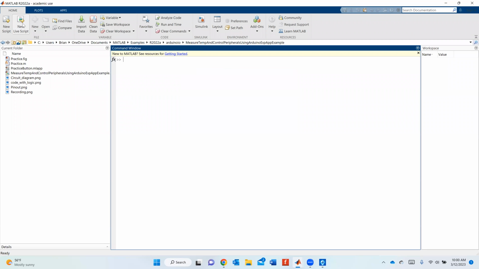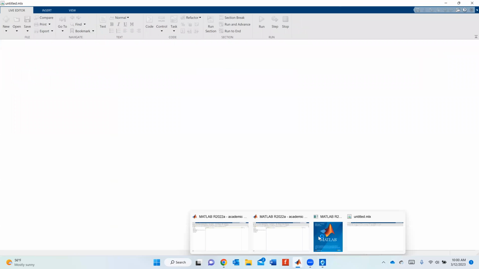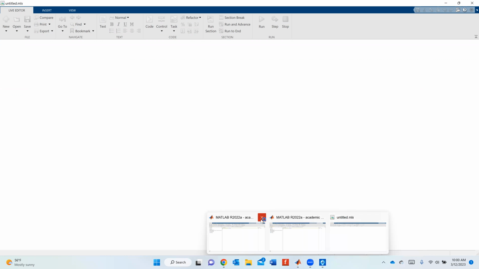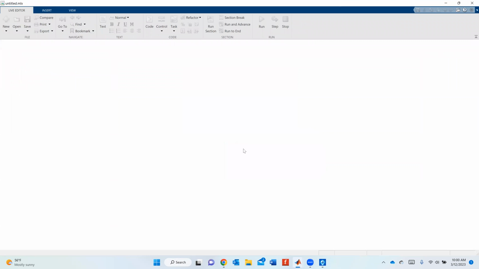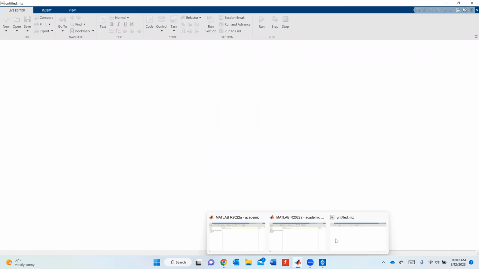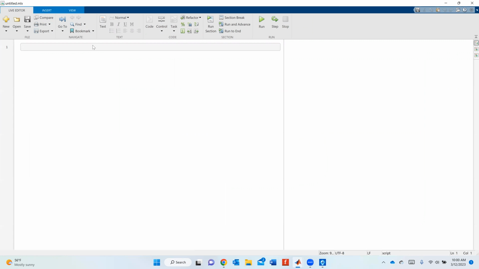So what we're going to do here is create our live script. So you first declare s as a variable, transfer function of s.